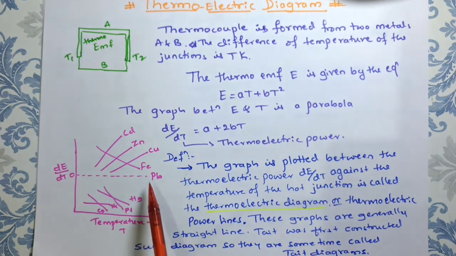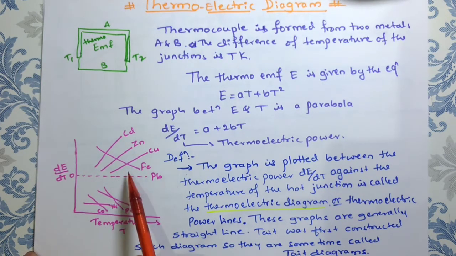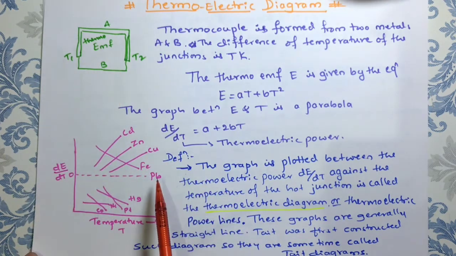The Thomson coefficient of lead is 0. So generally the thermoelectric lines are drawn with lead as one metal of the thermocouple.